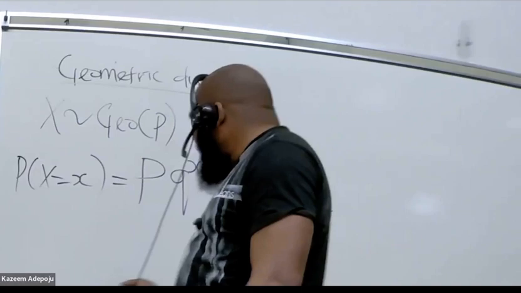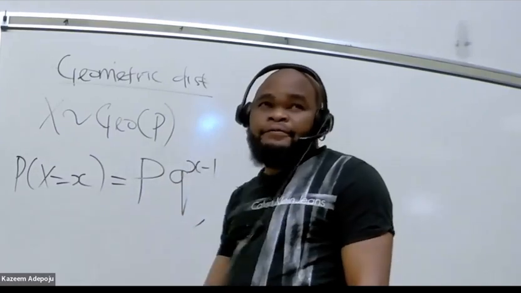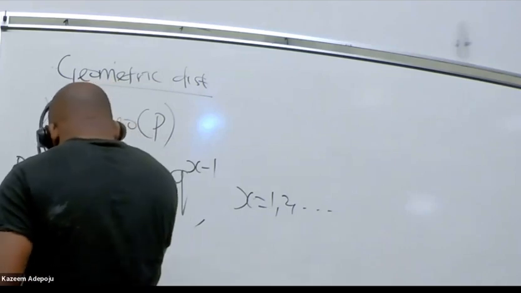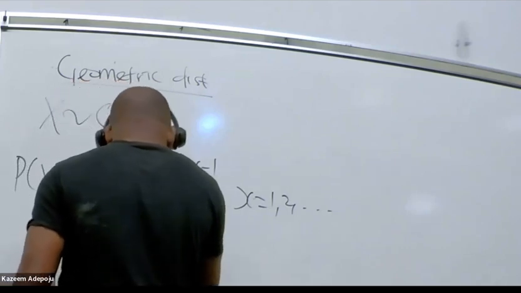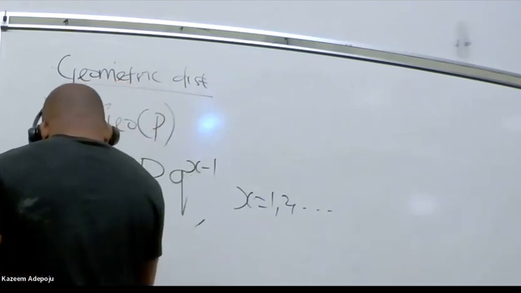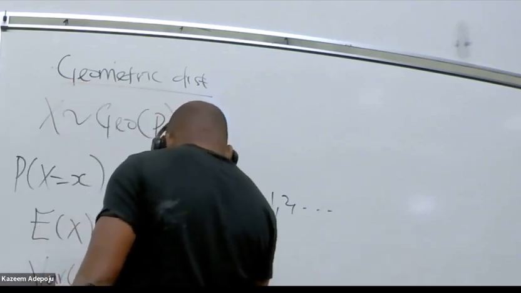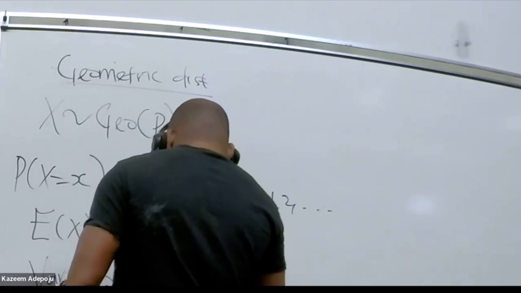Okay. Now for geometric, the expected value of x is 1 over p. The variance of x is q over p squared or something. Let me see, is it p over q?